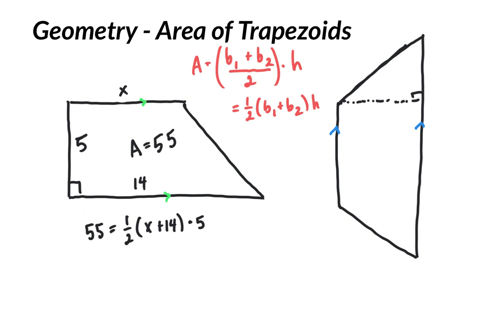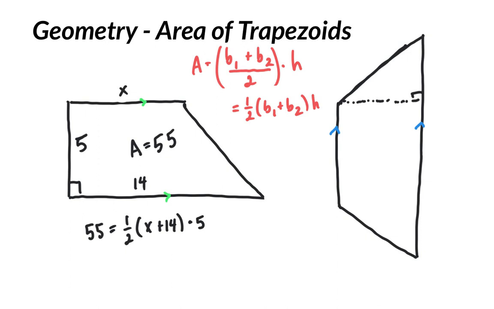Now, you have a lot of different choices here. For example, you could say, well, I'm just going to divide everything over a piece at a time. I'll divide both sides by 5. Then I'll multiply both sides by 2. You could distribute the 1/2 in. You could say, well, it's 1/2 (x plus 7). And then you could distribute the 5 in. You could multiply the 1/2 and the 5 together because they're both outside the parentheses and divide.